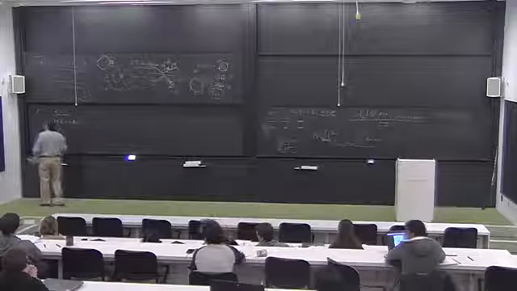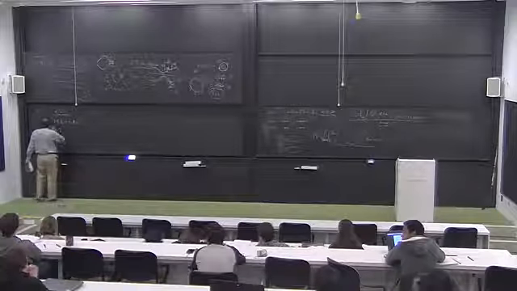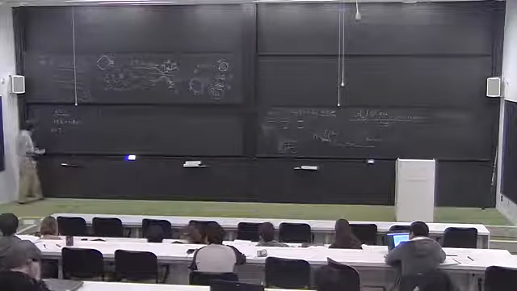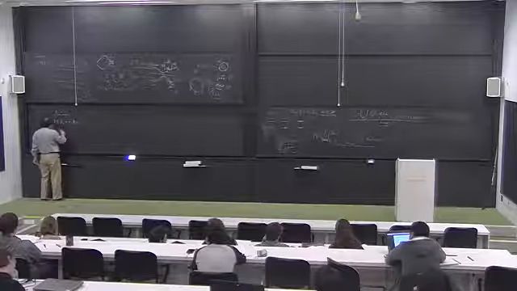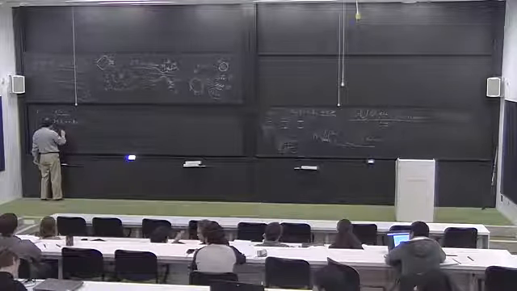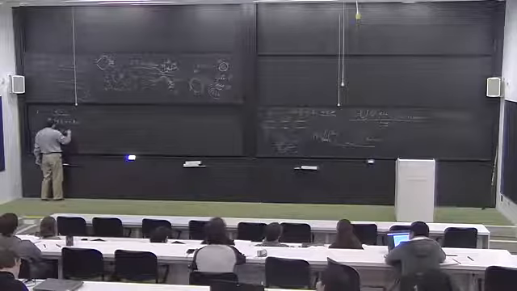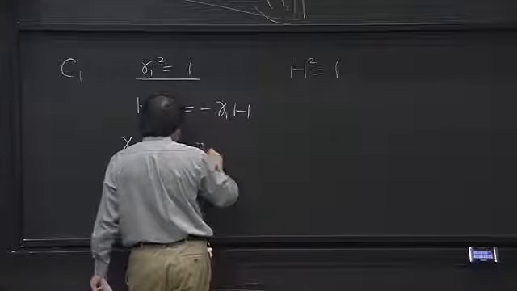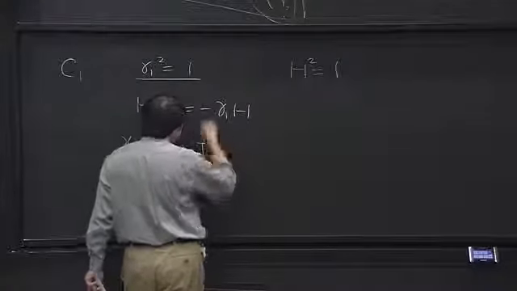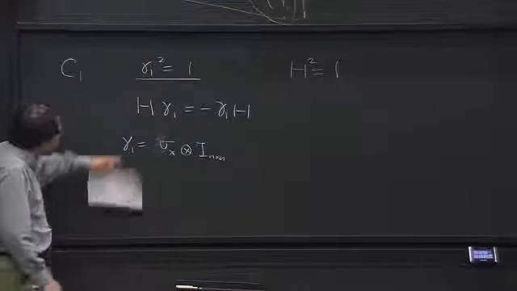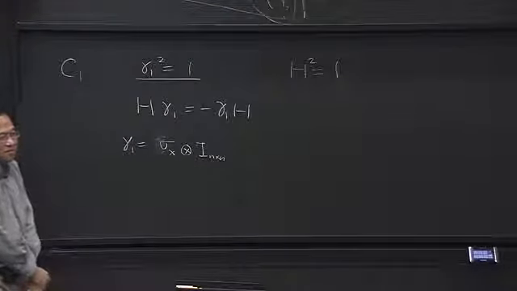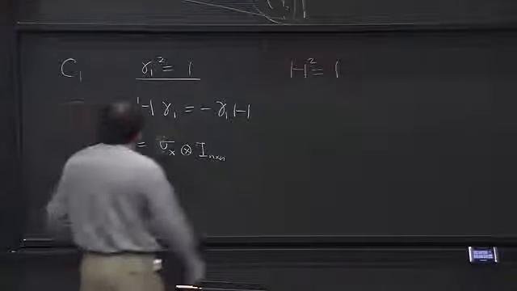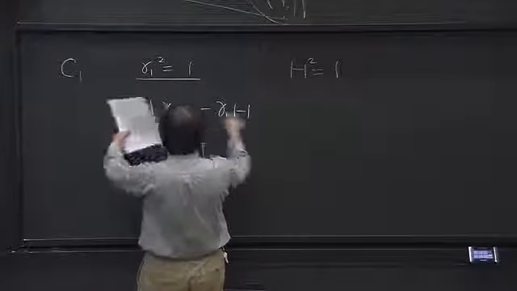So we have to choose gamma 1 equal to sigma x cross I. This I is some kind of n by n matrix, some big matrix. Then we choose gamma 1 to be this, and if you choose gamma 1 to be this, then these have a solution.